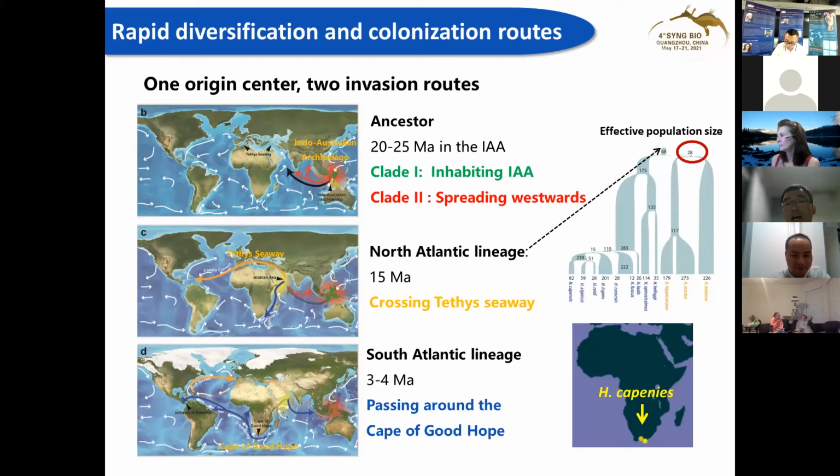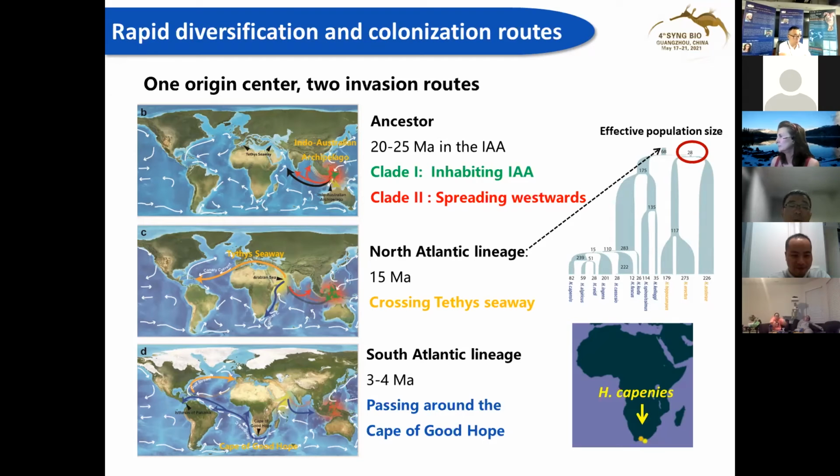And then after the Tethys Sea closure, the seahorses began to spread southwards along the East Africa coastline with the help of the ocean currents. Finally, they reached the Cape of Good Hope, and further passed around it into the South Atlantic Ocean areas.